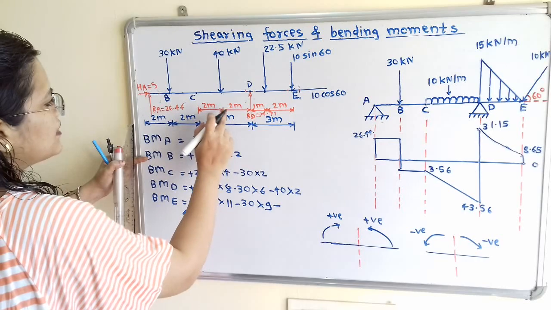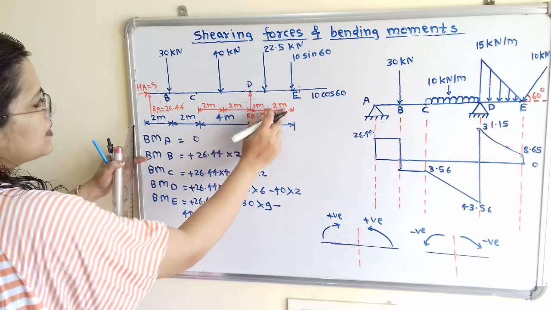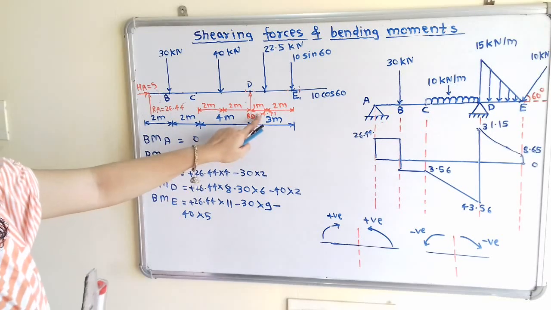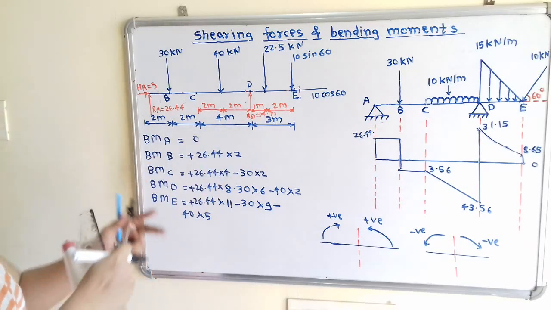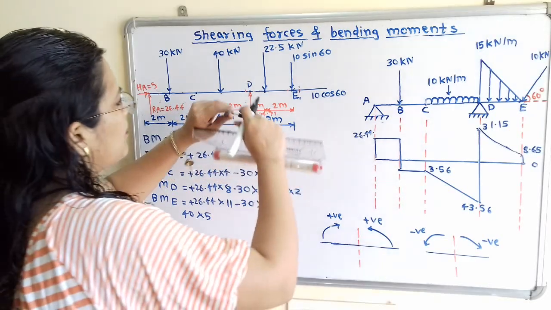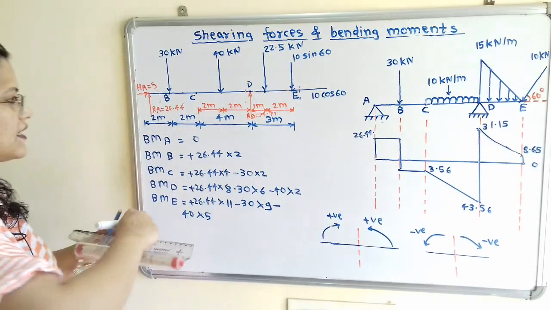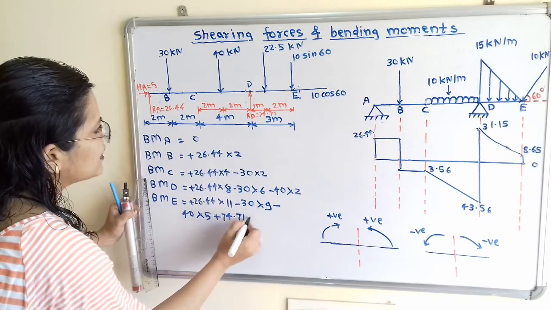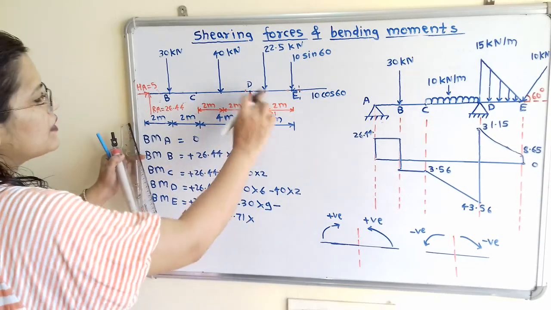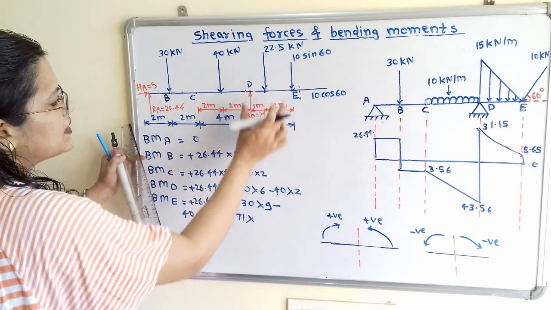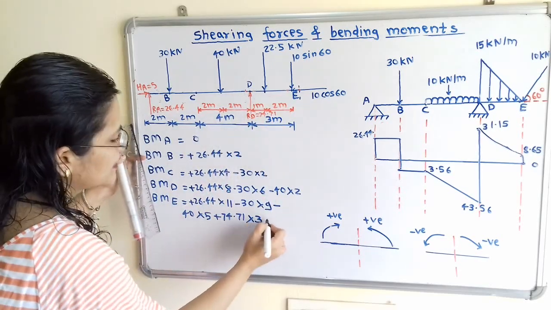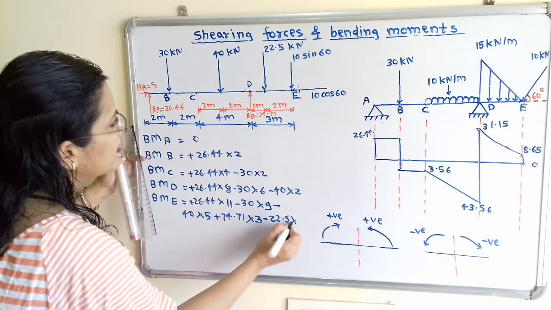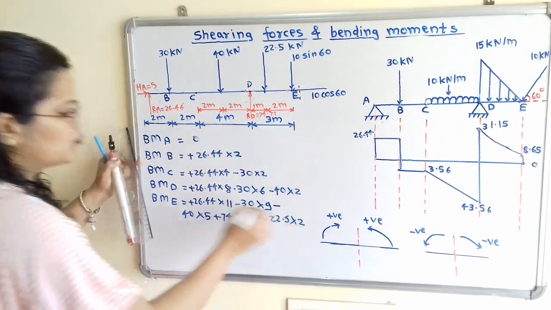So this distance is 2 plus 3, that is 5. Then RD. So RD is 74.71. If I move the compass about E, then it is in clockwise direction. So we will use plus 74.71 multiplied by the distance in between this D and E, that is 3. Then next is 22.5. So it is minus 22.5 multiplied by 2.